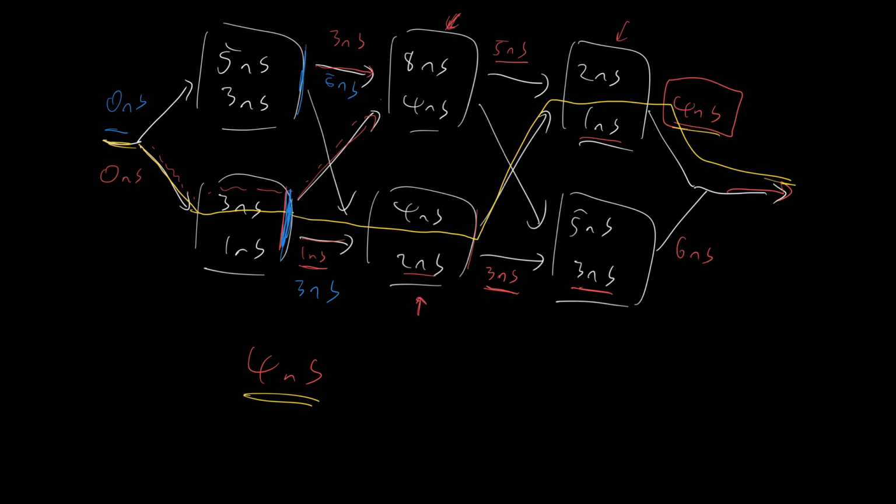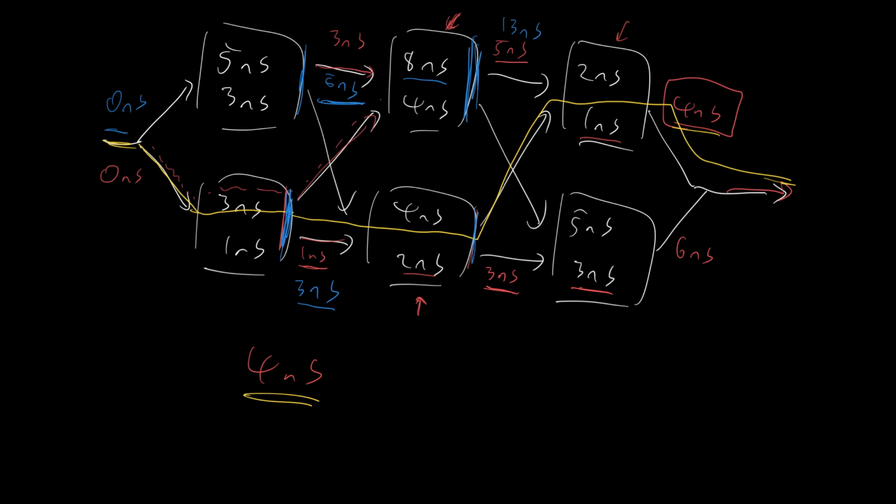For this logic gate here, the slowest person to arrive is at time t equals 5 nanoseconds. Some people have arrived earlier, but we care about the slowest person. That's 5 nanoseconds. At t equals 5 nanoseconds, the last person enters this logic gate, and they will be delayed by another 8 nanoseconds, meaning at time t equals 13 nanoseconds, the last person exits this logic gate.